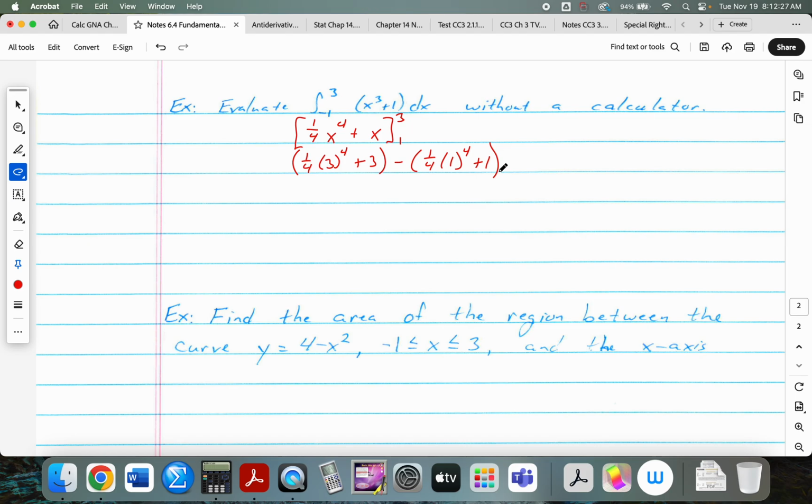And by the way, there may be something where you have to evaluate a definite integral by hand. But they're not going to ask you something this straightforward. They'll ask you something like that on the multiple choice. And they're not going to leave the answer like this. So we'll practice simplifying them.